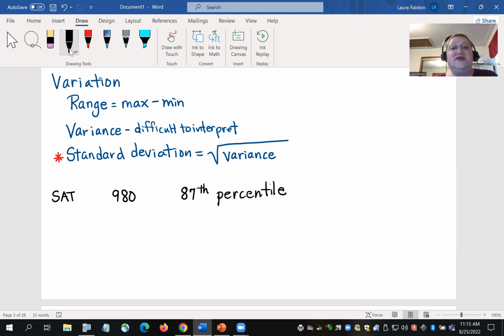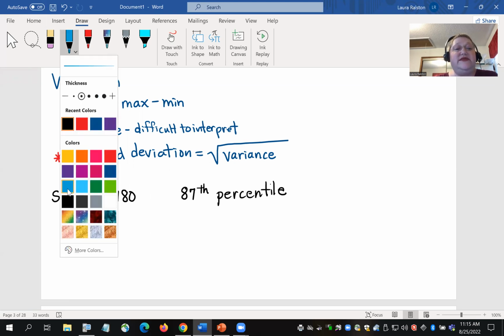So if Miss Ralston scored 980 on the SAT way back when and was in the 87th percentile, what does that mean?